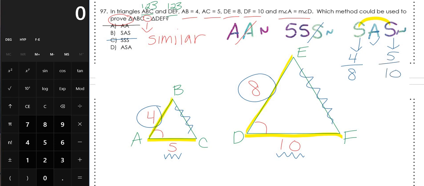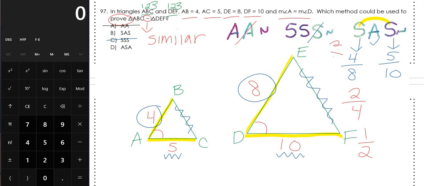I'm going to simplify this to see if the two side lengths are in fact in proportion. So I can divide top and bottom for 4 and 8 by 2. It's not a great little visual, but divide by 2 for the top and bottom. I'm going to get 2 over 4. Well, I can simplify that further. If I divide by 2 again, I'm going to get down to 1 over 2.